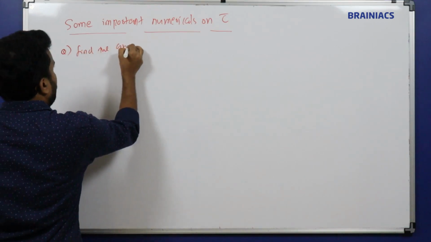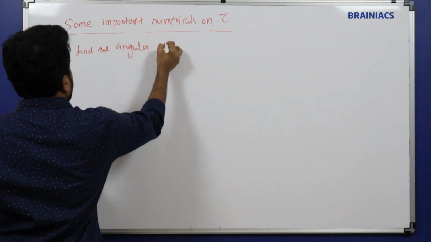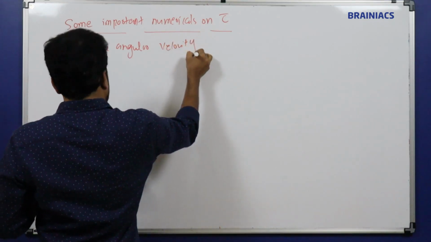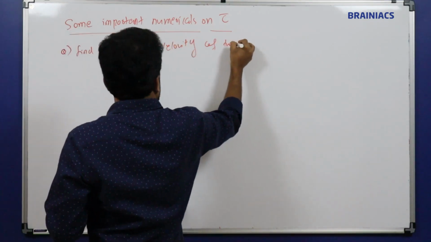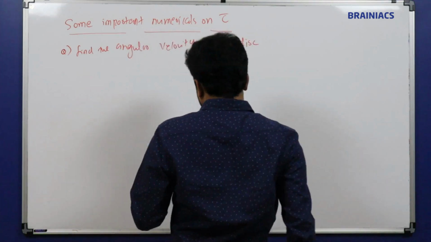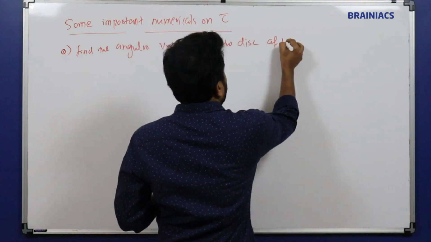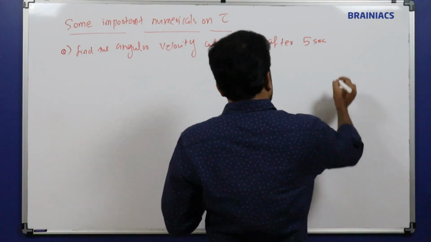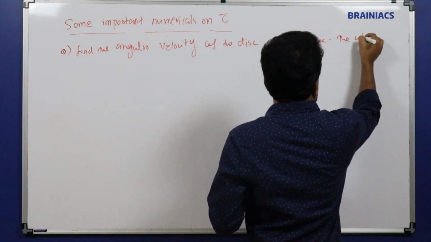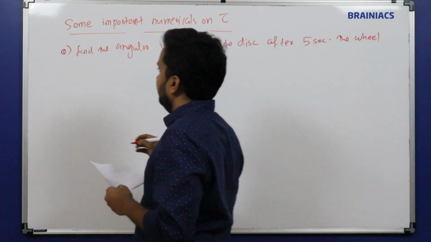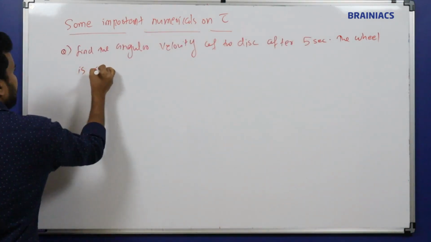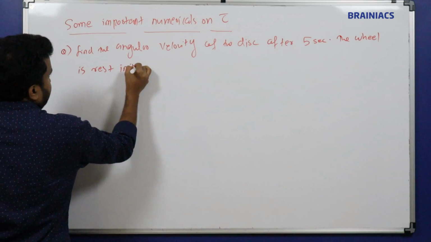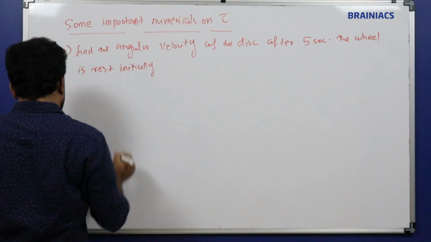Find the angular velocity of the disk after 5 seconds. The wheel is at rest initially. The question is given with a diagram as well.